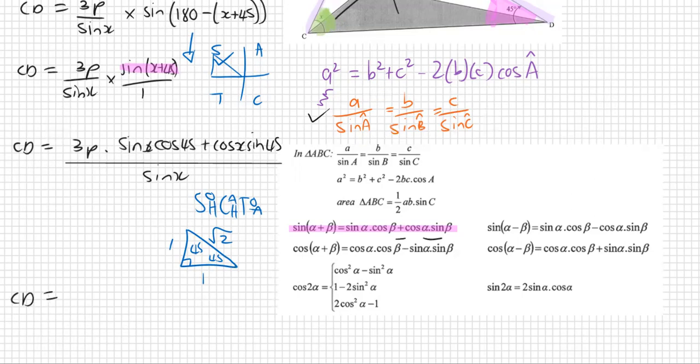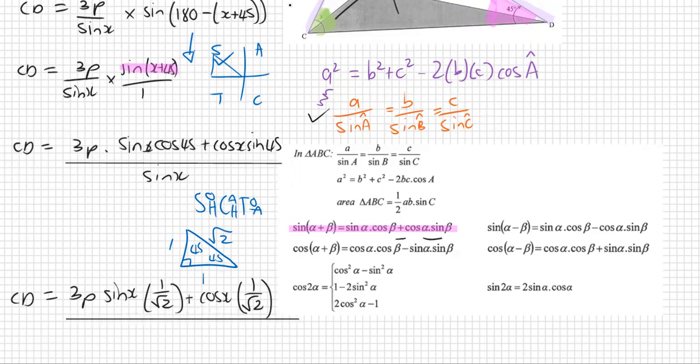So CD is equal to 3p times sine x, cos of 45 is 1 over square root 2, plus cos x, and sine of 45 would be opposite over hypotenuse, which is also 1 over square root 2. And all of this was over sine x in the denominator.